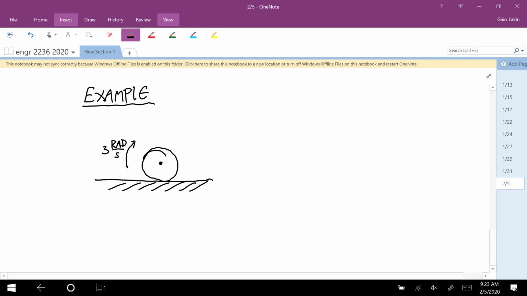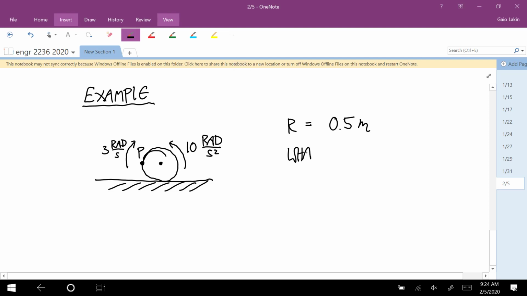So if it's slowing down, the angular acceleration is the other way. So let's say this is 10 radians per second squared. Let's say the radius of this disk is 0.5 meters. And we want to calculate the velocity and acceleration of this point P.